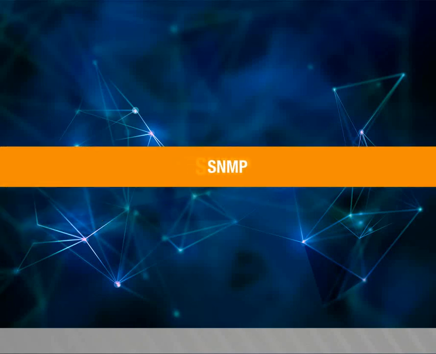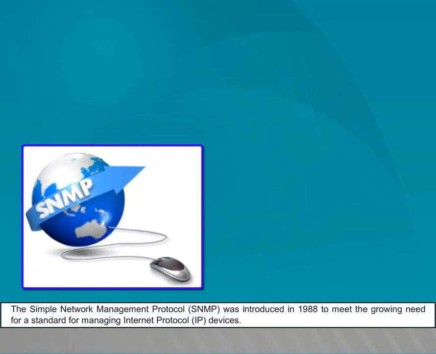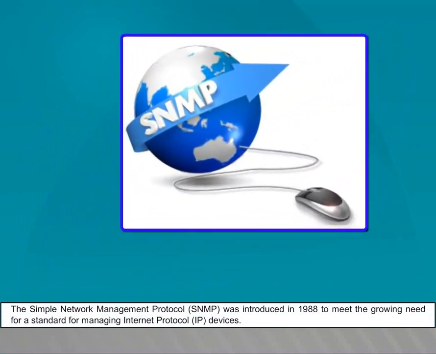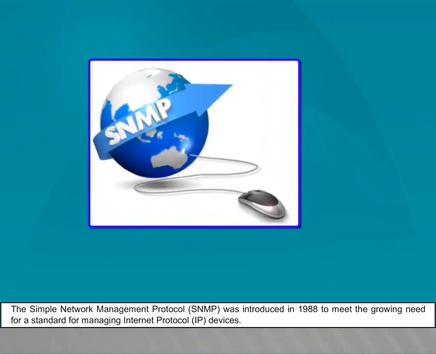SNMP. In this video, we are going to see about SNMP. The Simple Network Management Protocol (SNMP) was introduced in 1988 to meet the growing need for a standard for managing Internet protocol, that is IP, devices.